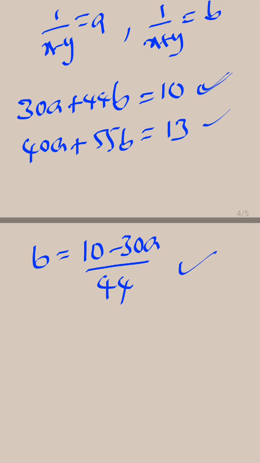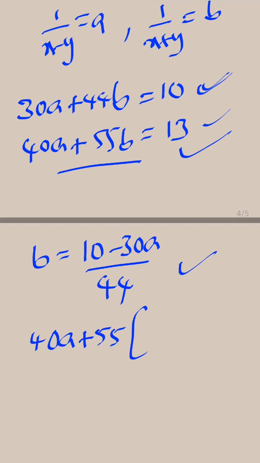Now I'll substitute this b value in the other equation. So 40a plus 55 into, in the place of b, I'll write 10 minus 30a by 44, is equal to 13, the second equation. This is the substitution method, that's the reason I substituted. Now from here onwards, simplifications.